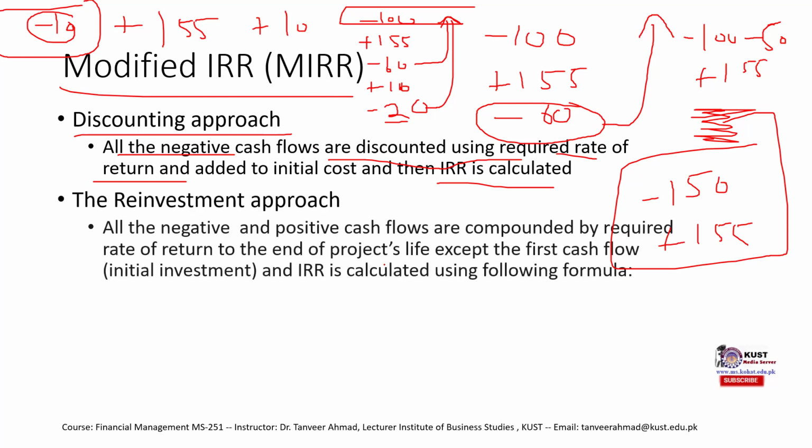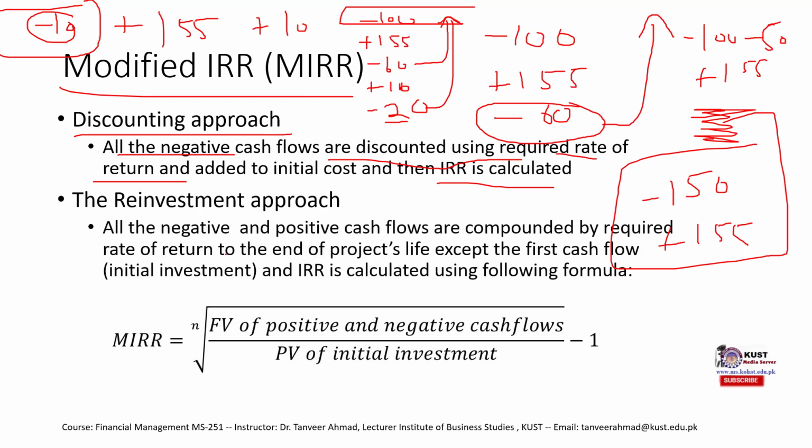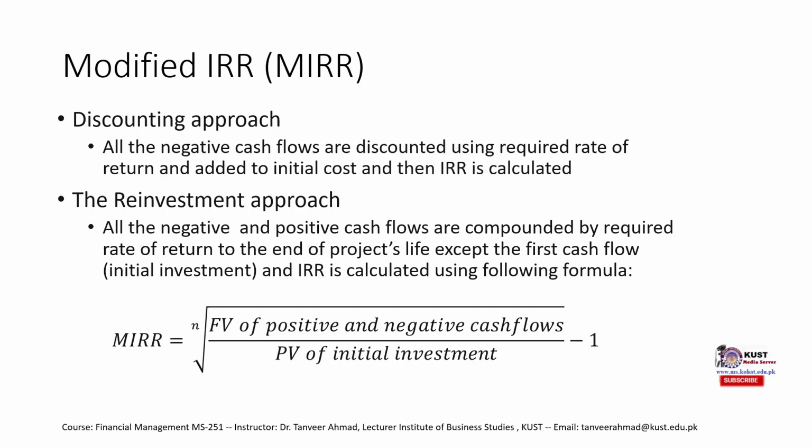Okay, there are other approaches. I'm just going to give you an idea of the reinvestment approach, but mainly we are going to use the discounting approach. Just for an idea, all negative and positive cash flows are compounded. Rather than getting the present value, they are compounded into future values, except for the initial investment, and then we find the IRR.